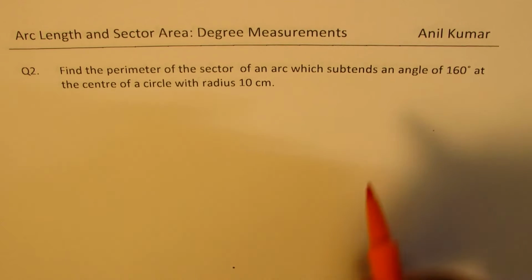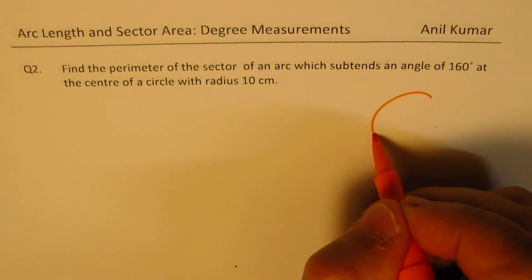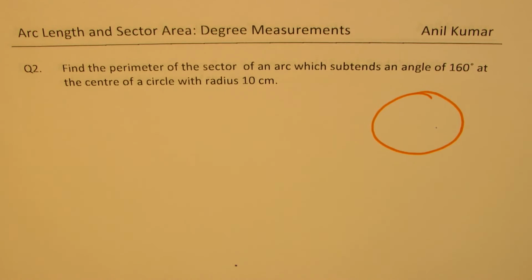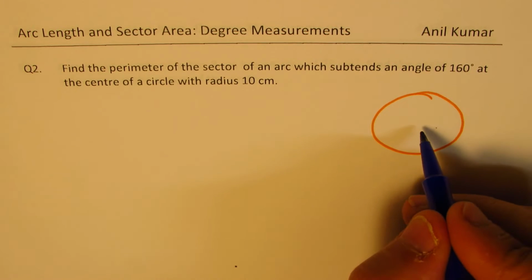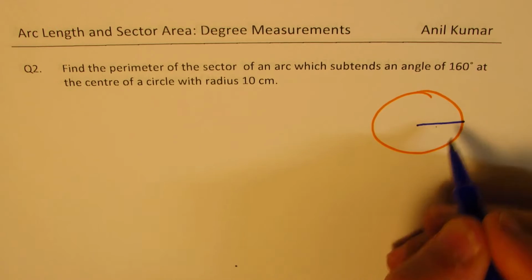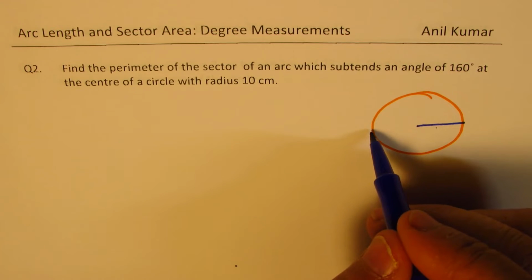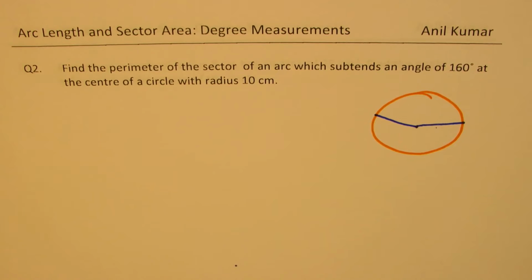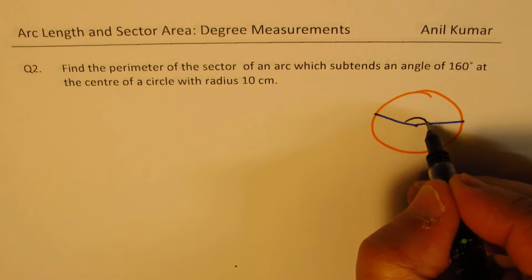This question is very similar to the previous question. So you can always pause the video and answer this question, right? We'll try to answer it in this fashion. So let me just sketch to explain the concept. 160 degrees, so it is slightly less than the straight line, right? All my diagrams are approximate, but they make a lot of sense.